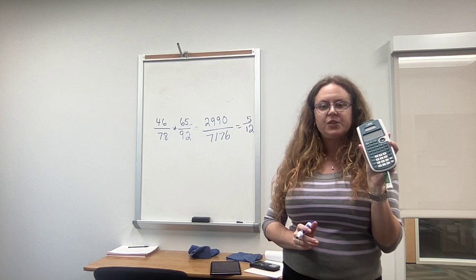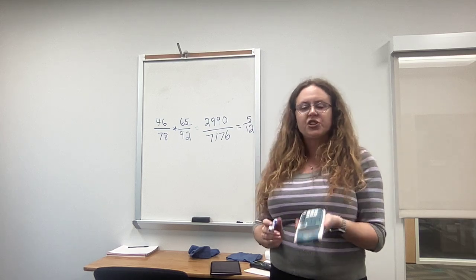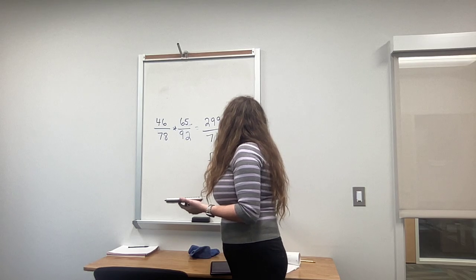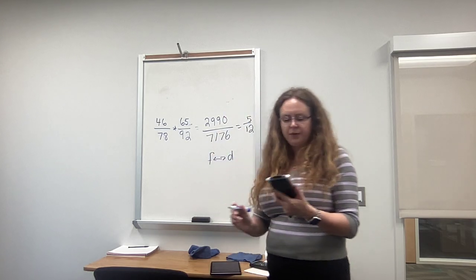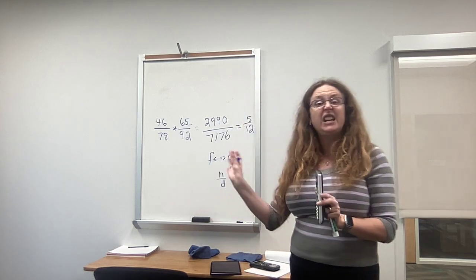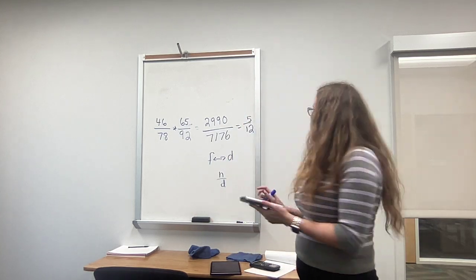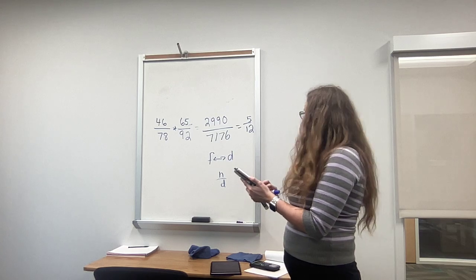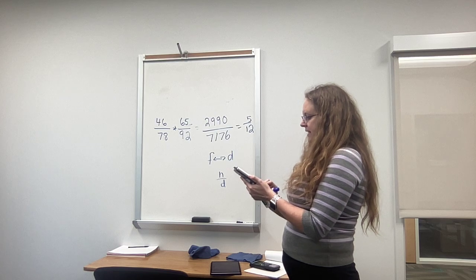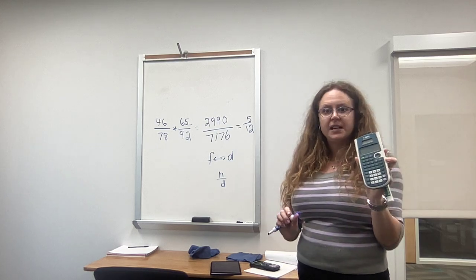Smaller calculators do it as well. You want to look for the fraction buttons. There's several different ways you could type it in, but a lot of calculators have an F to D, fraction to decimal, or they might even have a fraction button. Either one of these can get us the right answer. So again, if I type in 2,990 divided by 7,176, hit enter, it's going to give me a decimal.